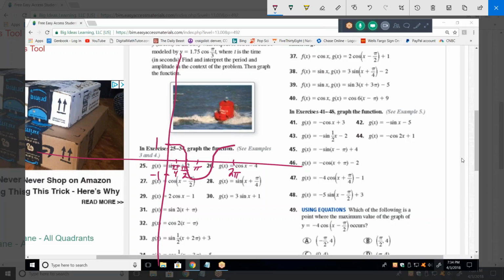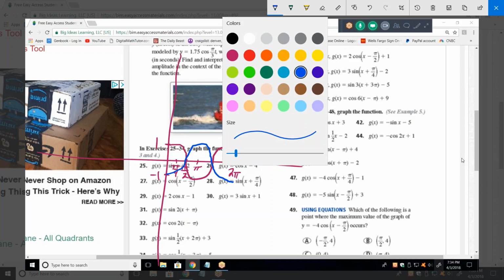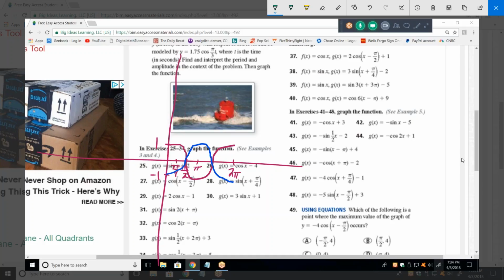First thing, negative. Do that in blue. Second thing, amplitude change. We'll do that in green. So what's the top point it's going to go to and the bottom point?